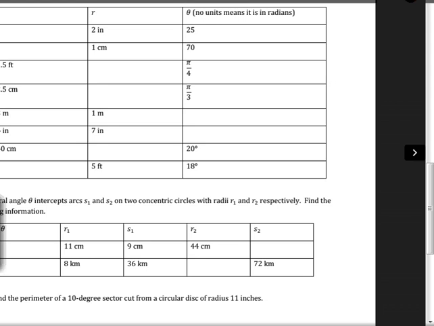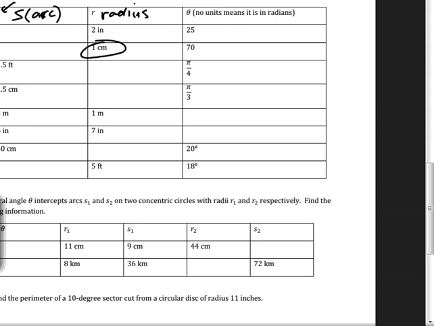So if I'm going to do 26, and for those that can't read this at home, this says, what letter is that? I can't read it myself. Thank you, S. That's also known as the arc length. And this is R, the radius. So they have given me that the radius is 1, and that theta, no units means it's in radians, is 70.